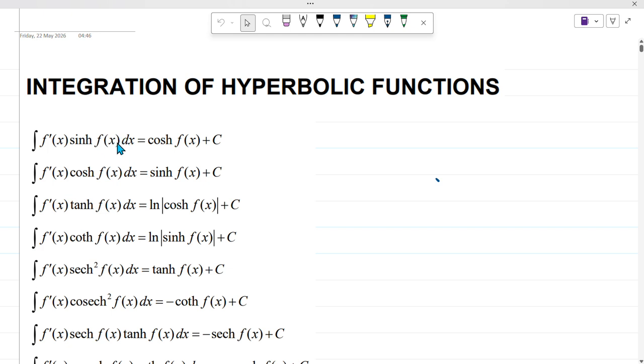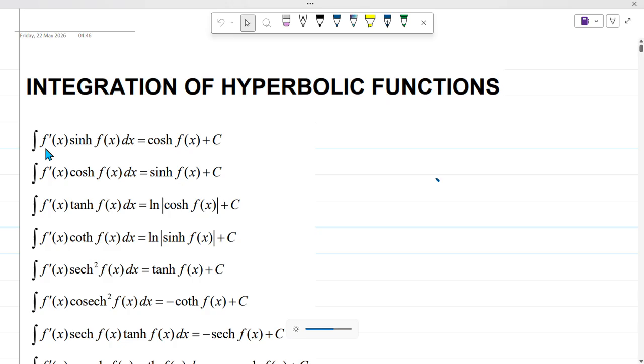So f of x is the argument, or in simple terms, the angle, because people use that language in most cases. Whatever you have here, you should make sure that where there is f prime of x, you have the derivative of it.